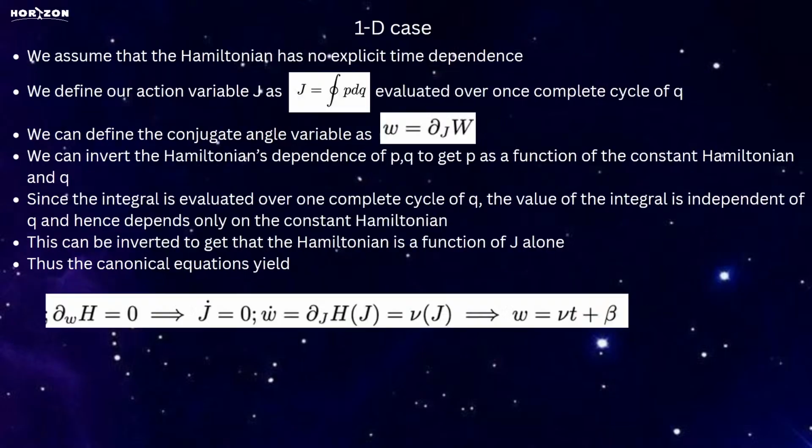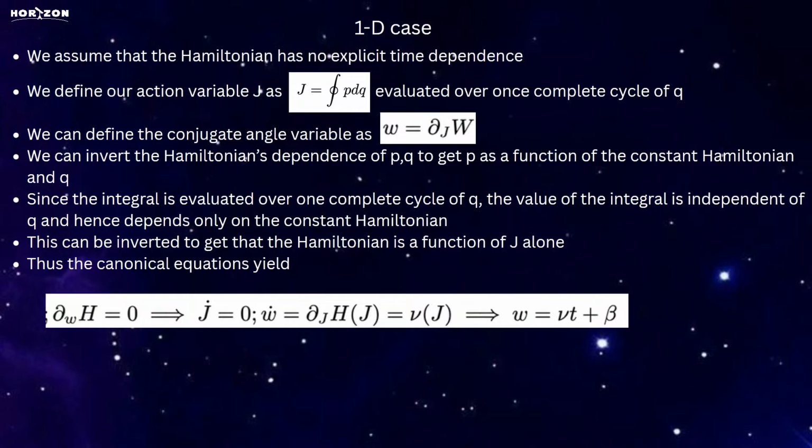So how can we do this? Firstly, we shall assume that the Hamiltonian has no explicit time dependence, and for simplicity, we will consider the 1D case. We will define our action variable as J equal to the integral of p dq, where the integral is evaluated over one complete cycle of q. We can define our conjugate angle variable as the partial of W with respect to J, as before.